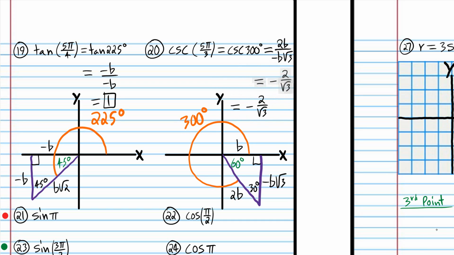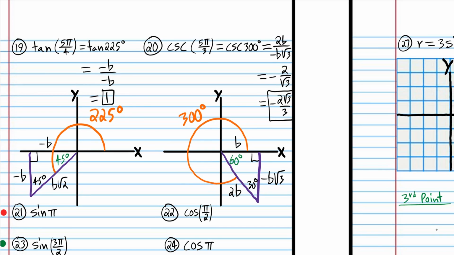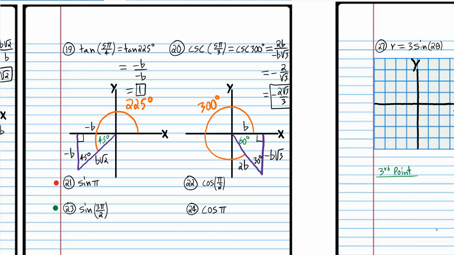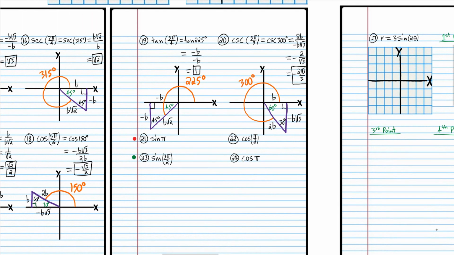So the b's cancel out, and we have 2 over root 3. Multiply both sides by root 3, and we get 2 root 3 over 3. Sorry that that's kind of scrunched in there. If you got that right, excellent. Good job.